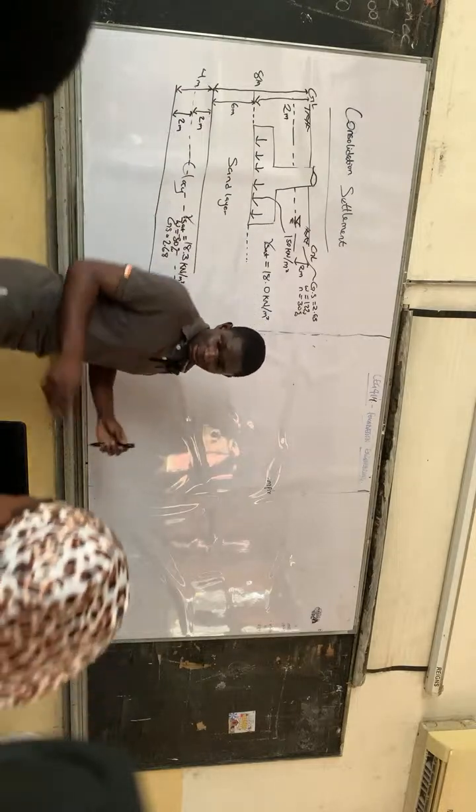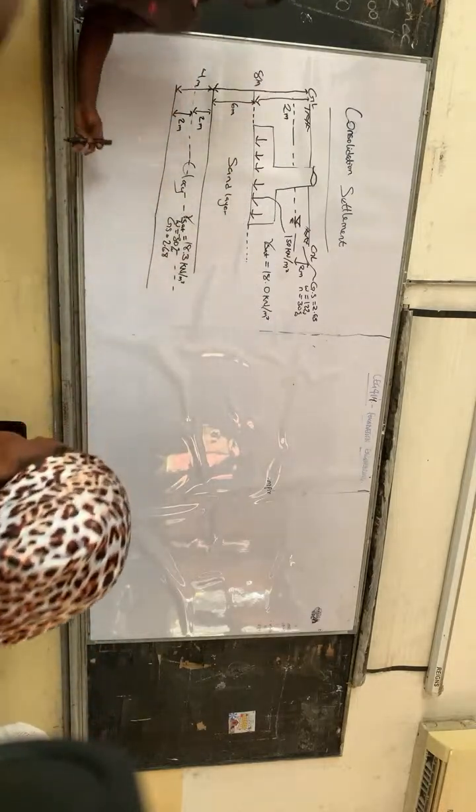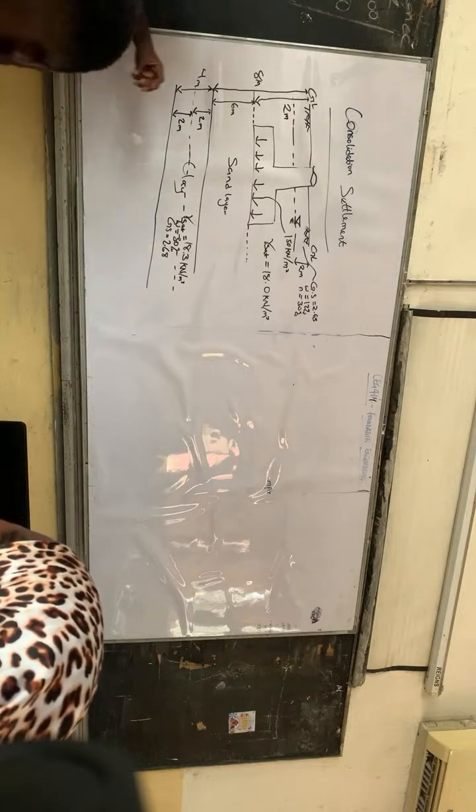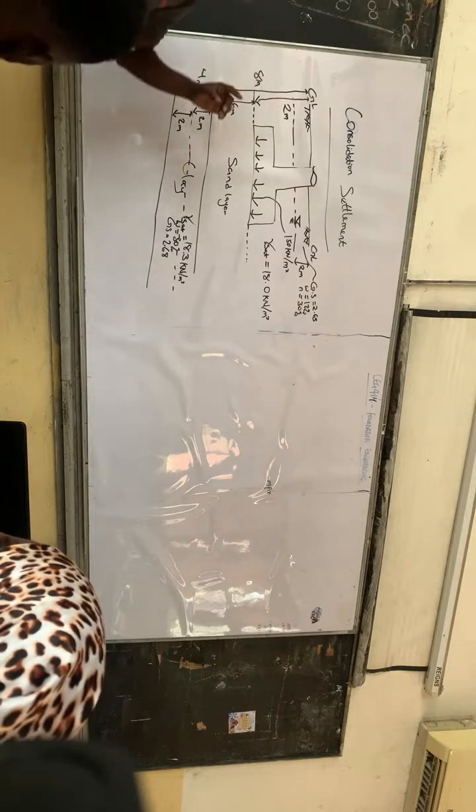So now the first thing we should do here is to get our void ratio. Don't forget the formula I gave you guys on how to calculate settlement. The first question is settlement, right?